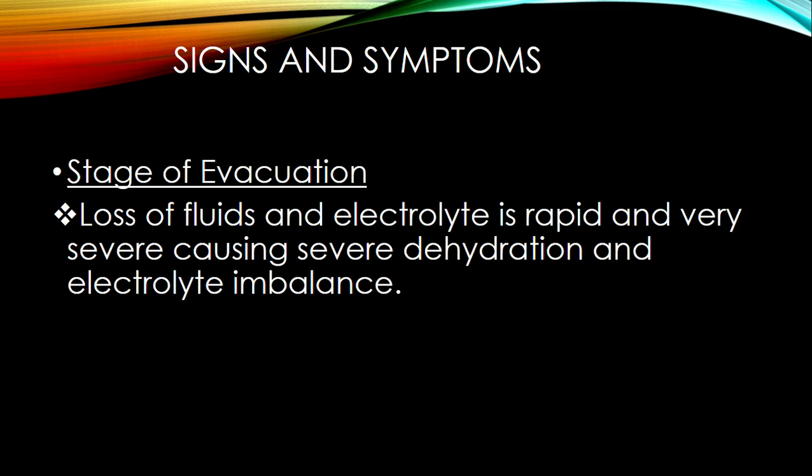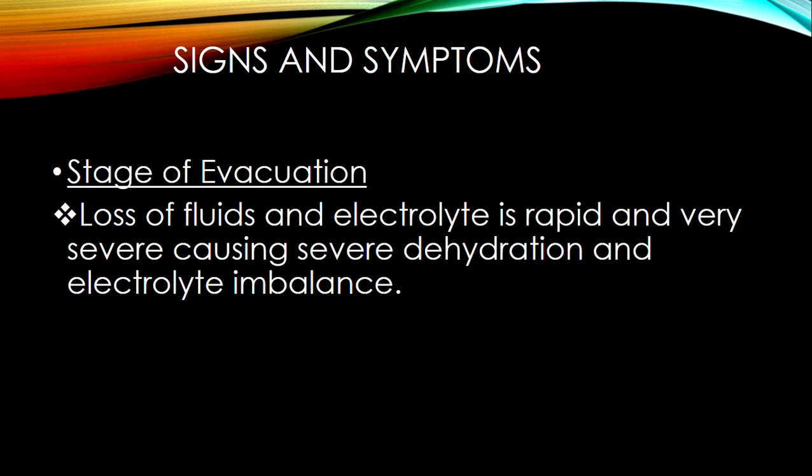The electrolytes, the sodium, the potassium, all the ions are coming out of the cells because there's nothing to regulate their movements. So because they are coming out, a massive amount of water also is following them. As a result, a person is going to lose a lot of these electrolytes and water.